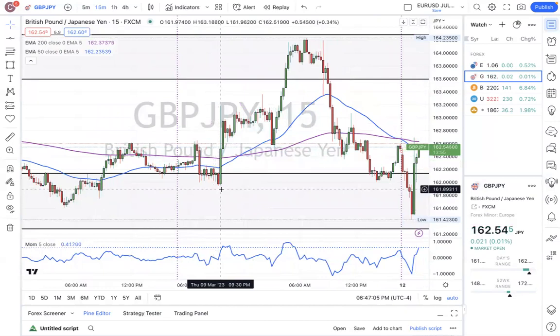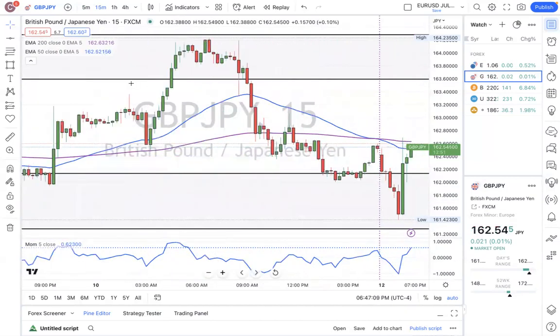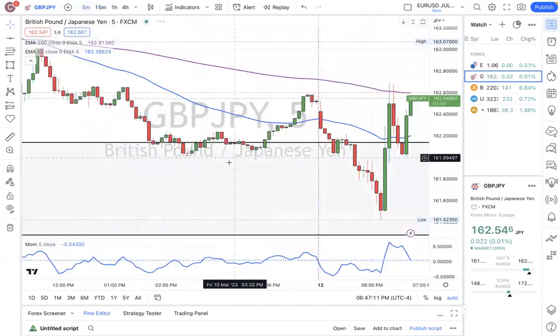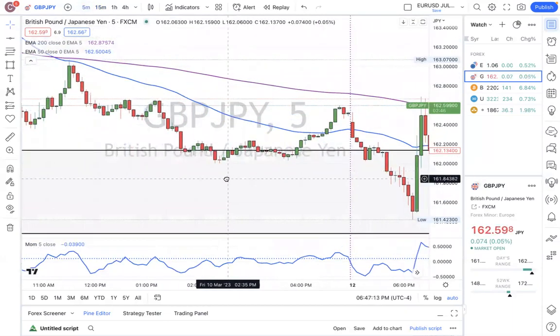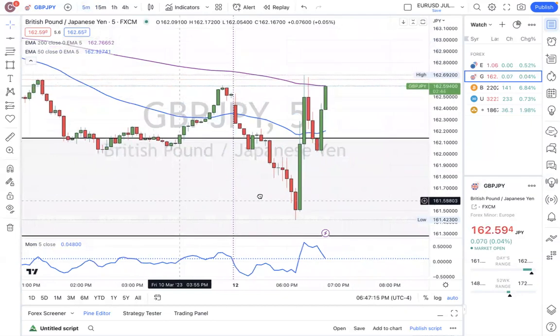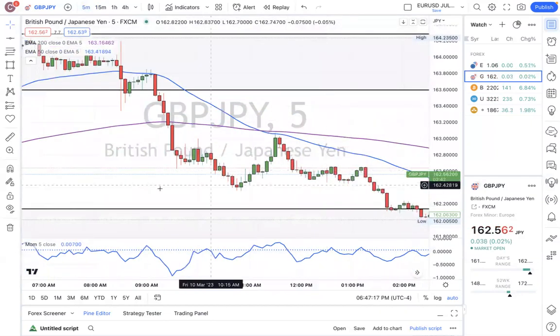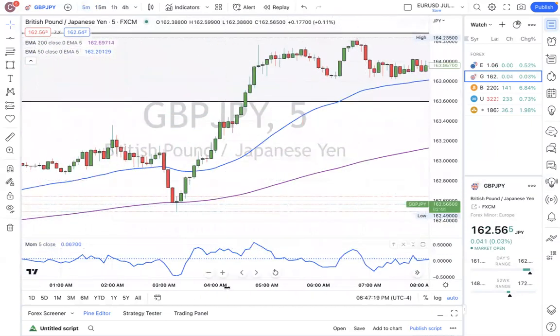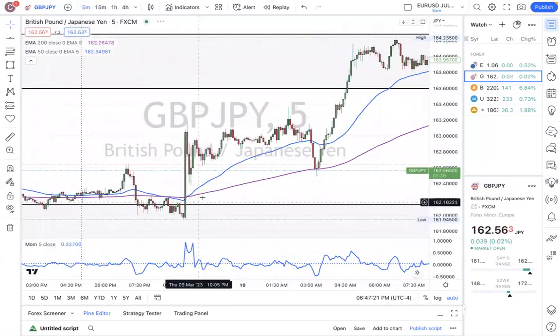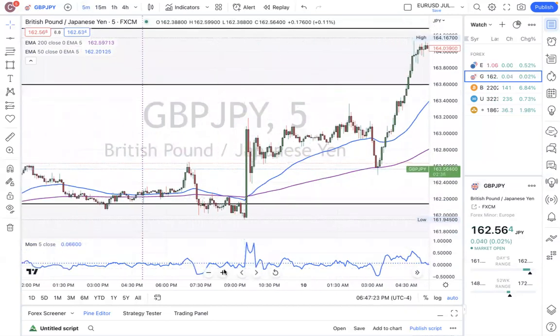This is that 100 pip candle right here. Let me see on a smaller time frame. Friday. Oh, here we go. So look at this, y'all.